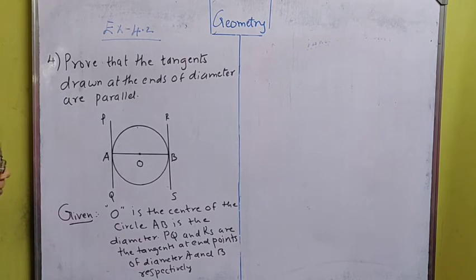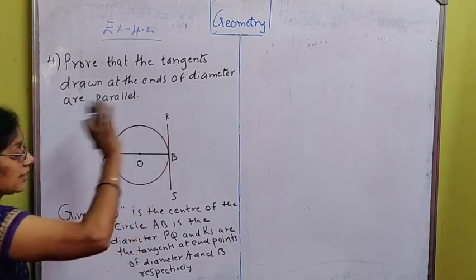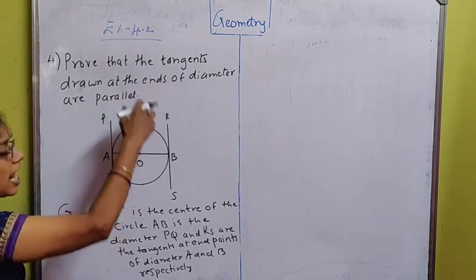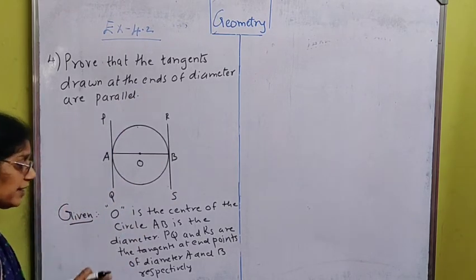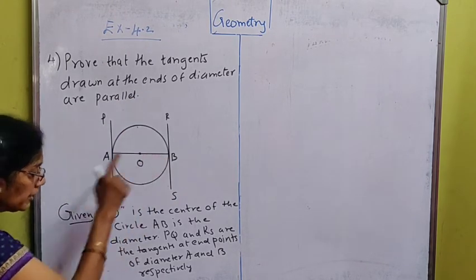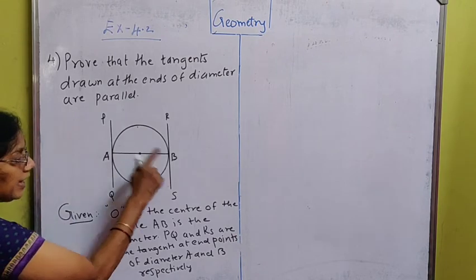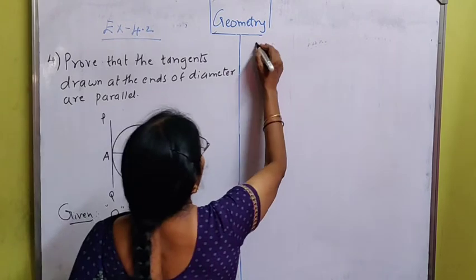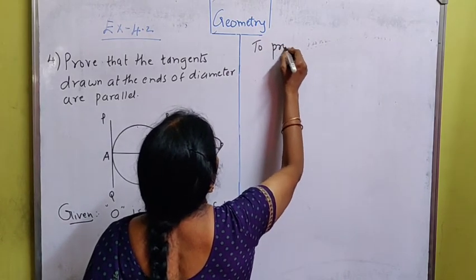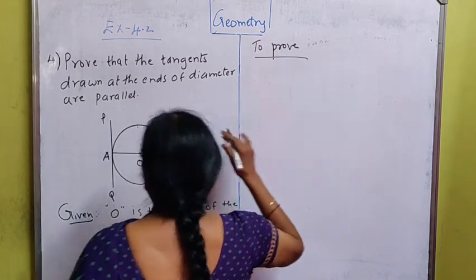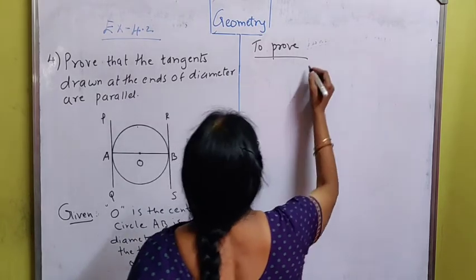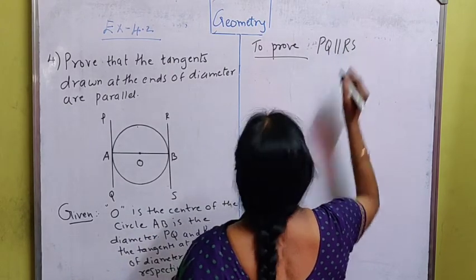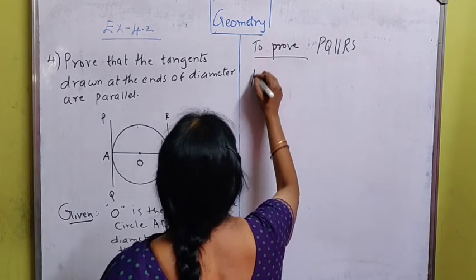So O is the center of the circle, AB is the diameter, and PQ and RS are the tangents at the end points of the diameter A and B respectively. Now to prove, what you have to prove? The tangents are parallel. That is PQ is parallel to RS.